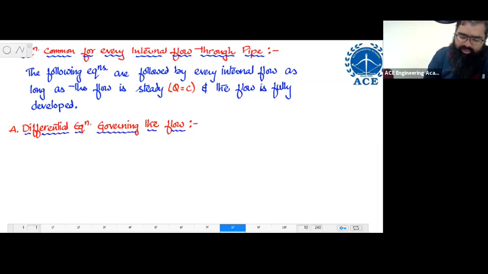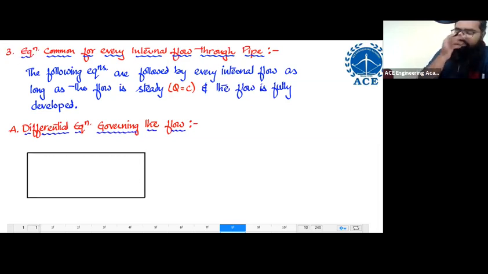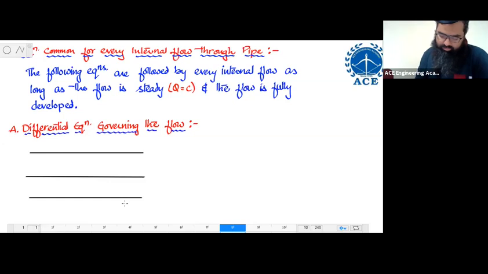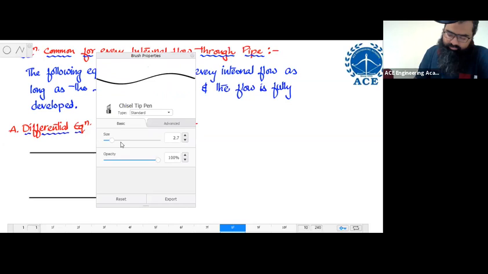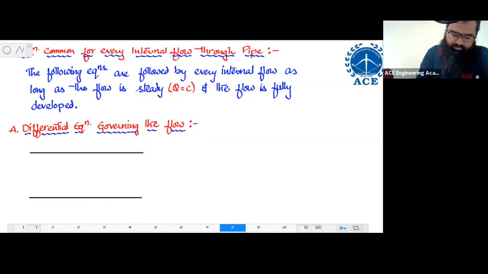Imagine you are having a pipe. Let me draw a diagram first of all. Let us say this is a pipe I'm having. Suppose this is the centroidal axis of the pipe.